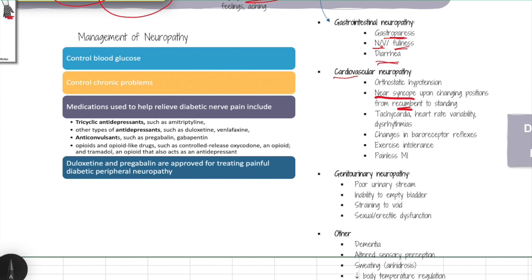Tachycardia, heart rate variability, dysrhythmias, change in baroreceptor reflexes. Remember what baroreceptor reflexes are, and if not, run and check out the first 2 minutes of the hypertension video that we posted. Exercise intolerance, and then this painless MI is really interesting, and I think that's the lack of sensation, where you're having an MI and actually don't feel it.